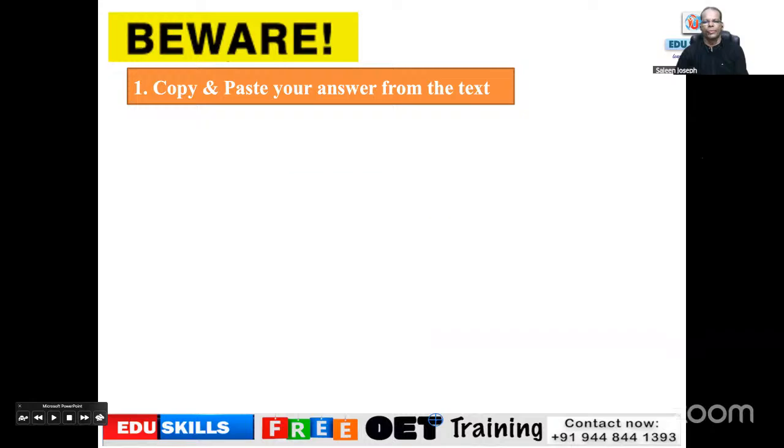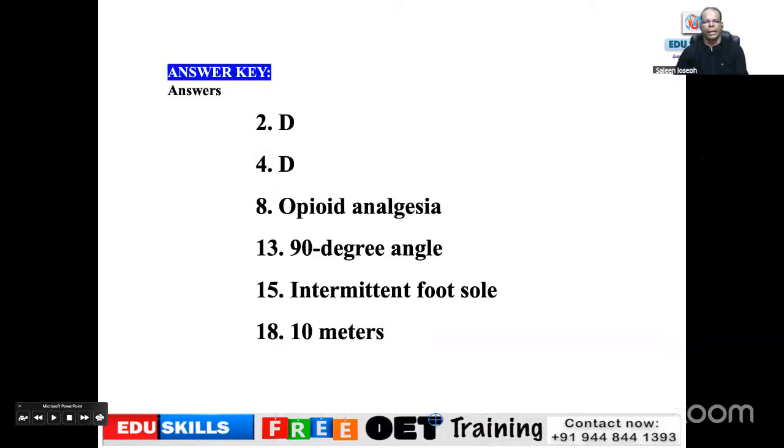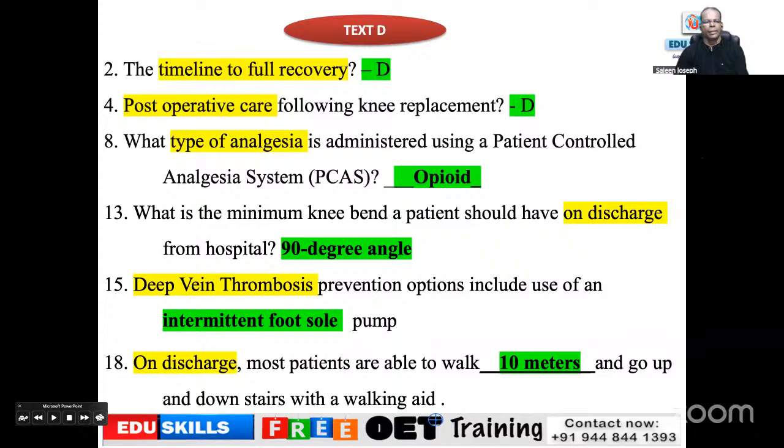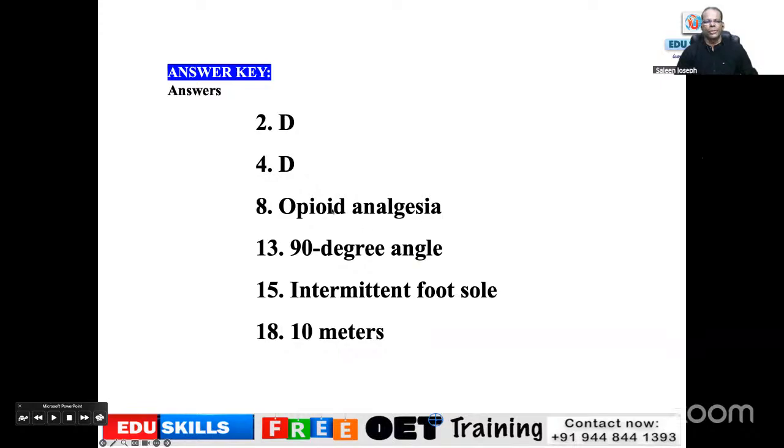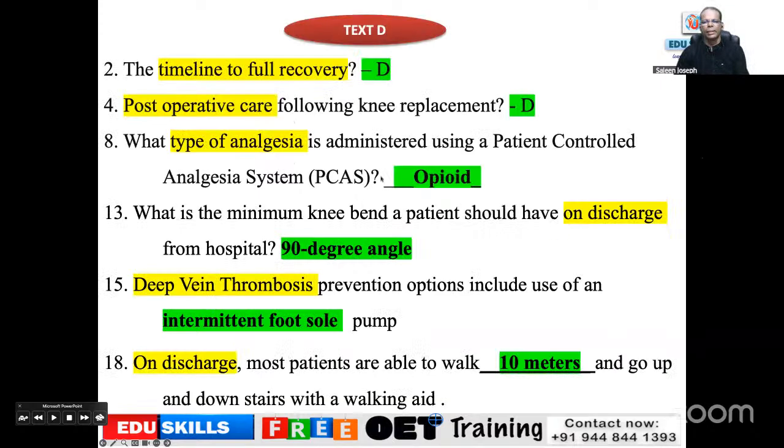You have to write opioid analgesia. Both, because they are asking a question. Here you have to write analgesia. What type of analgesia? Opioid can mean different things, right? Opioid analgesia, specifically you have to write.